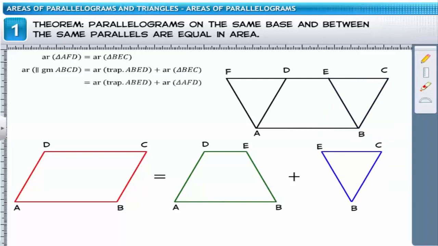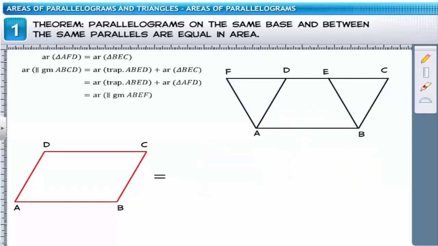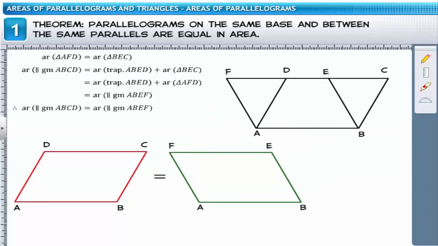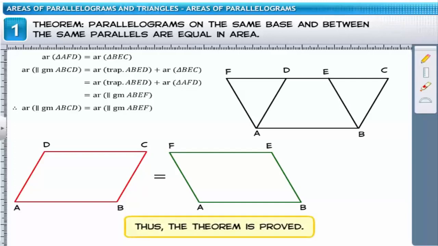Since we just proved that the area of triangle BEC is equal to triangle AFD, we can say that the area of the parallelogram ABCD is equal to the area of the trapezium ABED plus the area of the triangle AFD. This is equal to the area of the parallelogram ABEF. Therefore, we have proved that the area of the parallelogram ABCD is equal to the area of the parallelogram ABEF. Thus, the theorem is proved.